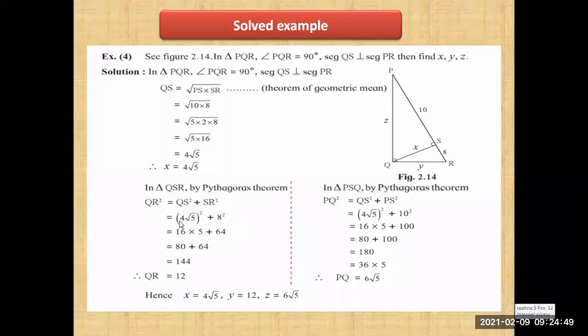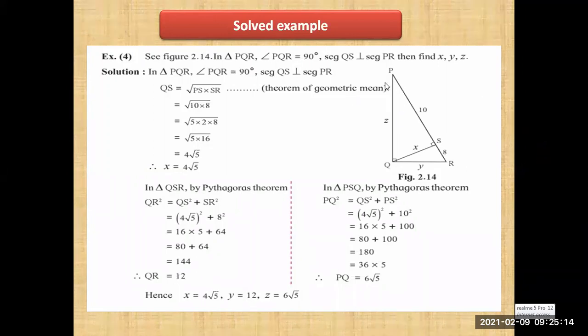So 16 into root 5 square, the square and root get cancelled, into 5, plus 64. So 16 into 5 is 80 plus 64, that is 144. So QR square is equal to 144. Taking the square root, we get QR is equal to 12. Okay. So QR means Y. The value of Y is 12.